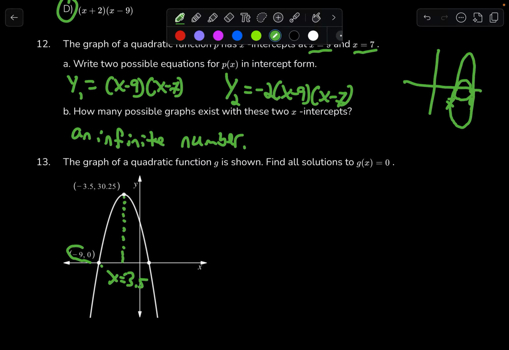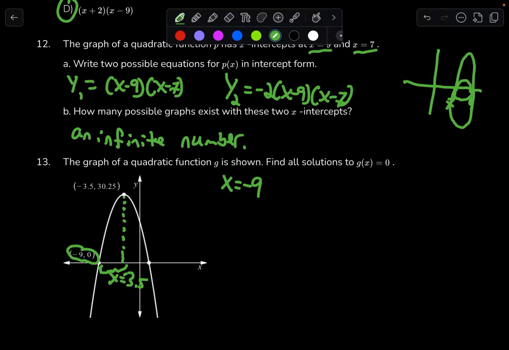So one of the solutions is x equals negative 9 because it's given to you. And you can figure out that negative 9 is to the left of negative 3.5.